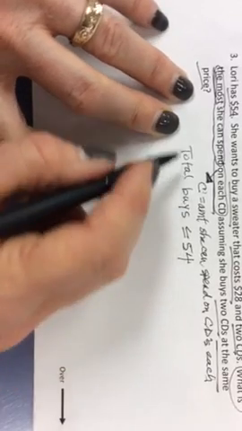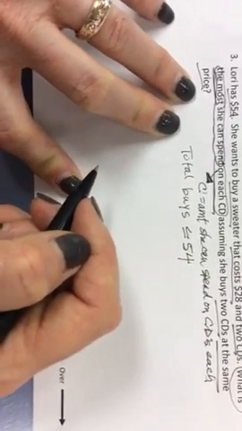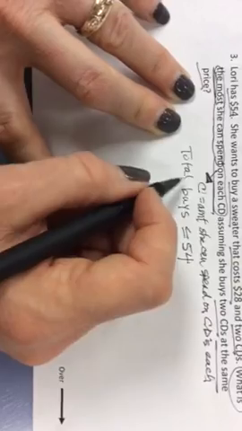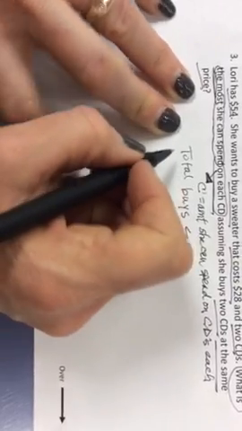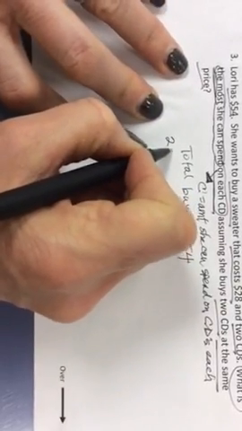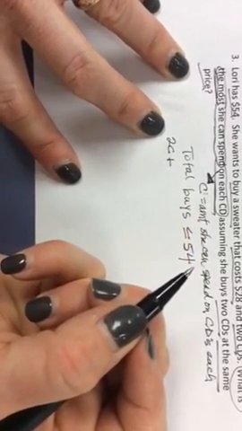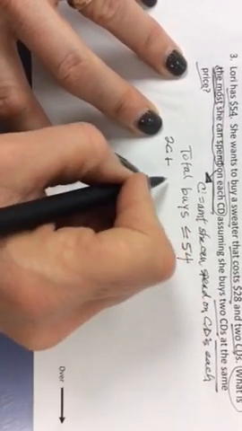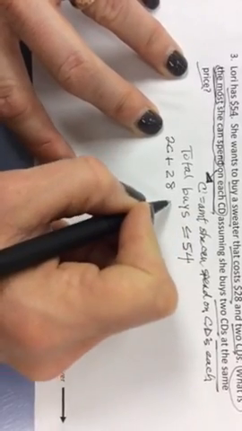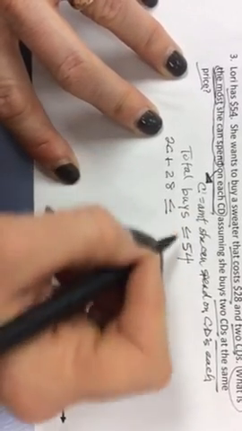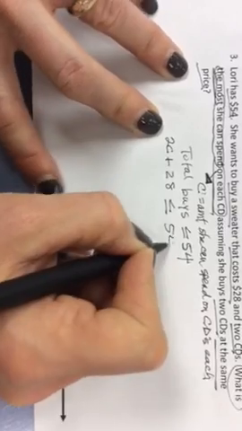That's all she has. So let's look at the total she buys. She buys 2 CDs at this cost C, so we'll put that down, plus she also buys a sweater, and that costs $28, so let's put that down. And that total has to be less than or equal to 54.